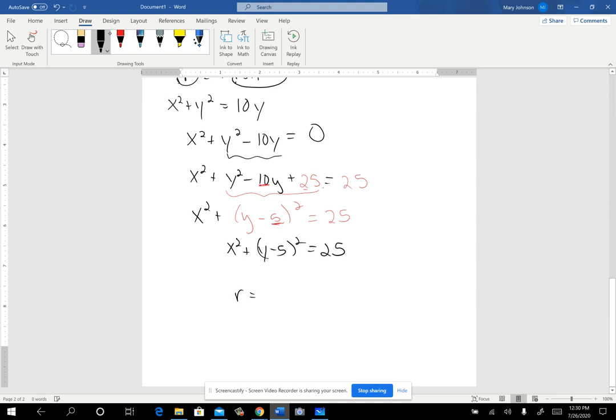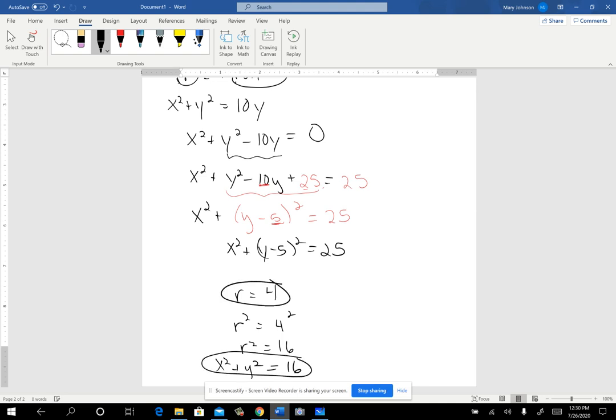If you had r equals 4 and you wanted to switch that, you could square both sides. You could do r squared equals 4 squared, and then r squared would equal 16. And so you'd have x squared plus y squared has to be 16. So this is the rectangular form, and this is the polar form. There are some other examples in the notes, but that's probably enough of that.